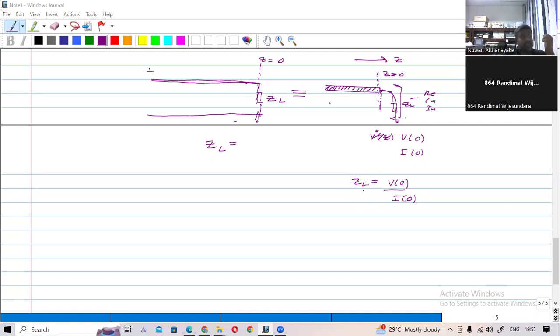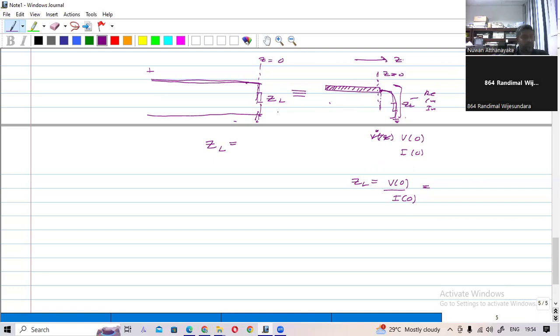Then the phase is not the same in V and I. The phase will be different. So we don't care about the phase, we just see the quantity. So ZL is equal to V0 over I0. So what is V0? What is V0? That is the total voltage at Z is equal to 0.